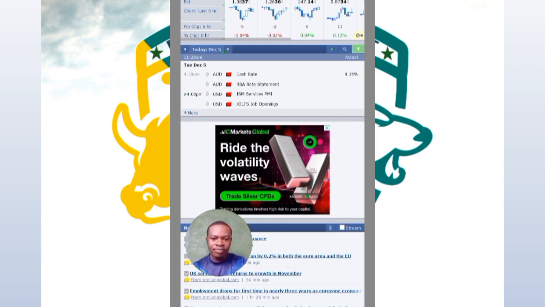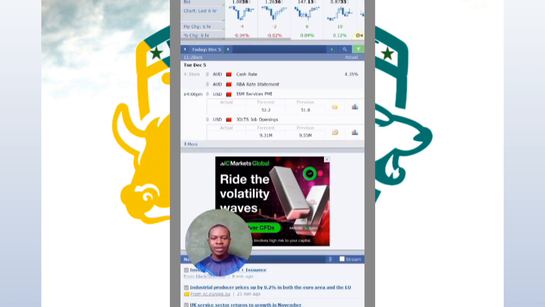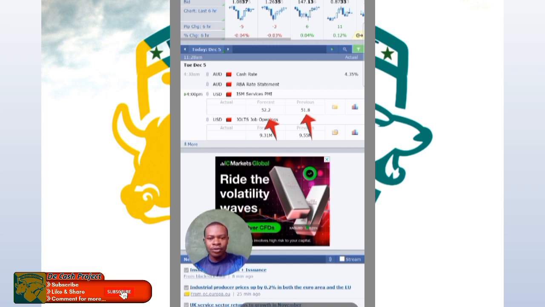Now this PMI news, services PMI news, and job opening news are just an indication of jobs, the new jobs that are being opened and made available for the citizens. Now the PMI news right here appears positive on the forecast. If you look at the forecast here, it appears very positive. You can see that the previous was 51.8, and the forecast happens to be 52.2.